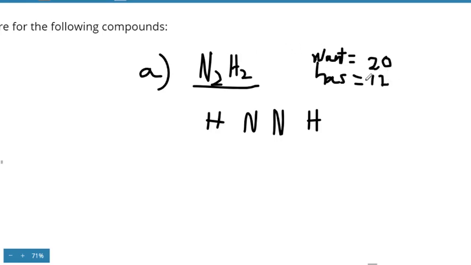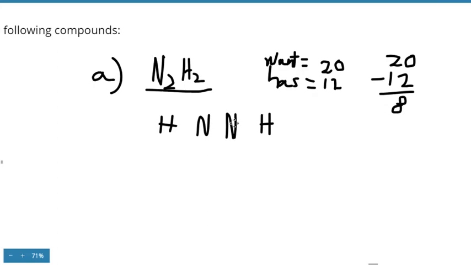And now what we want to do with these numbers, we subtract the has from the want, and in this case we get 8. Now this is the amount of shared electrons that are used in bonding in this compound. So if we want to find the amount of bonds, we just divide these shared electrons by 2, and we get 4. So that means that this compound right here has 4 bonds.